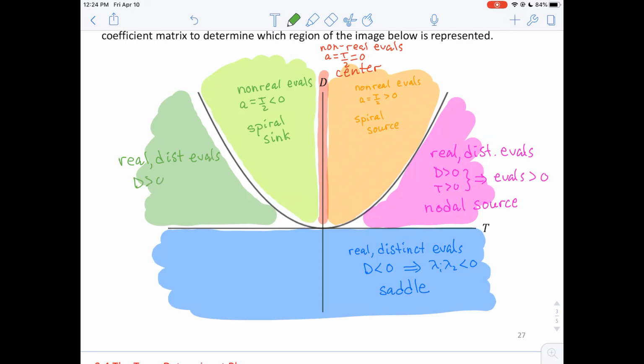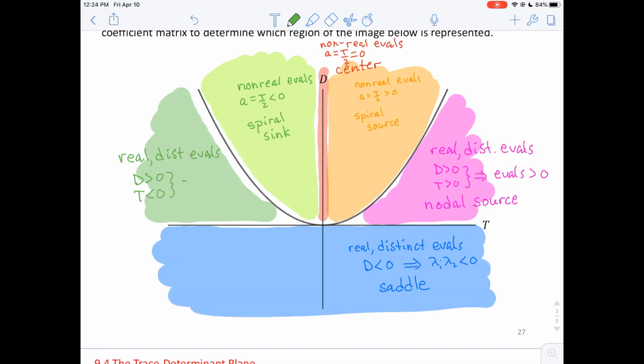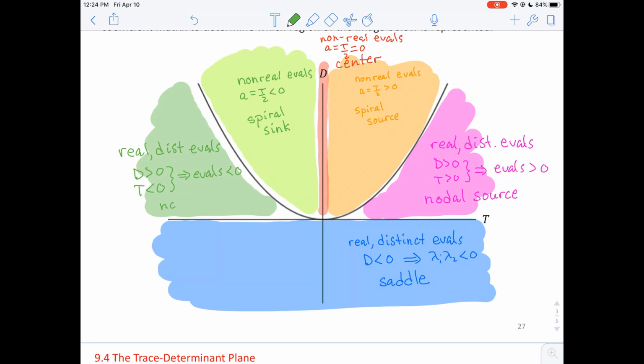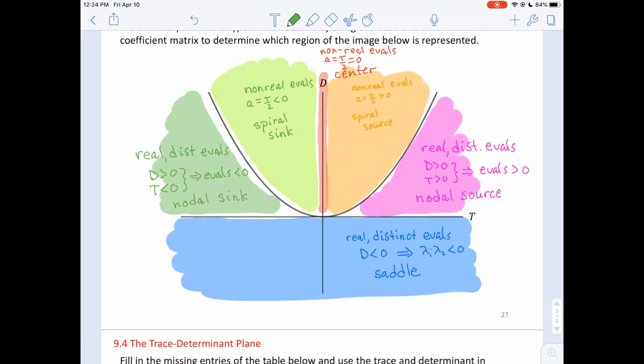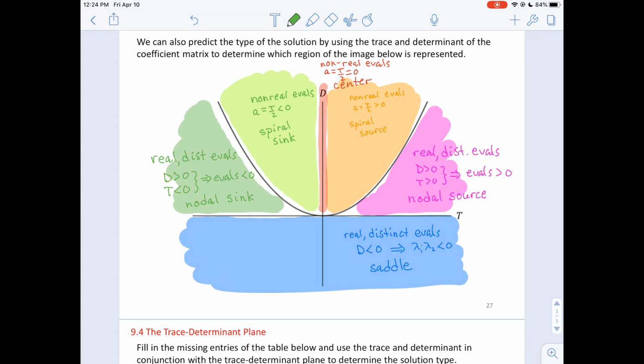We know that the determinant will be positive, but the trace will be negative in this area, and that means both eigenvalues are negative. This implies that the evals must be negative, which means that we have a nodal sink. All right, so this ultimately is our regions split up that help us.